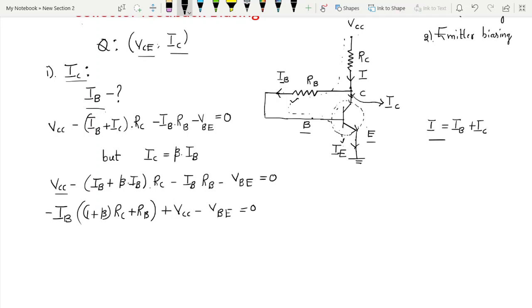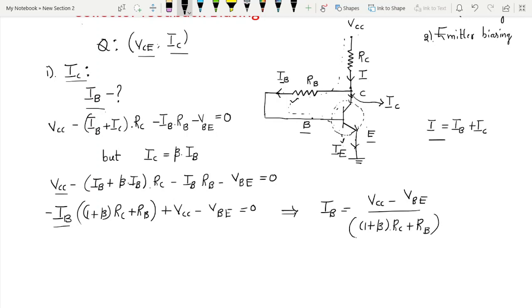So from this I can directly write the base current. The base current IB equals (VCC minus VBE) divided by ((1 plus beta) RC plus RB). This is the base current value.